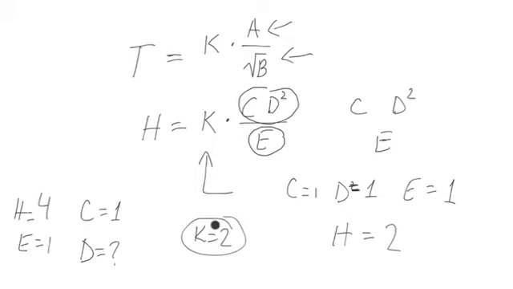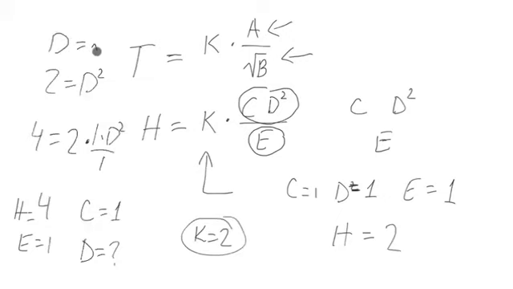Then what would we do? Well, we could say 4 is equal to 2 times, and then we have lots of ones, but then we have a D. So 1 times D squared all over 1. Now we can divide both sides by 2. So we have 2 is equal to D squared. So lo and behold, D is going to be the square root of 2. Now in the given situation, depending on the word problem, we might not want a negative, so we just say positive square root of 2. If we wanted a negative, I guess it could be a negative, but that's situational.